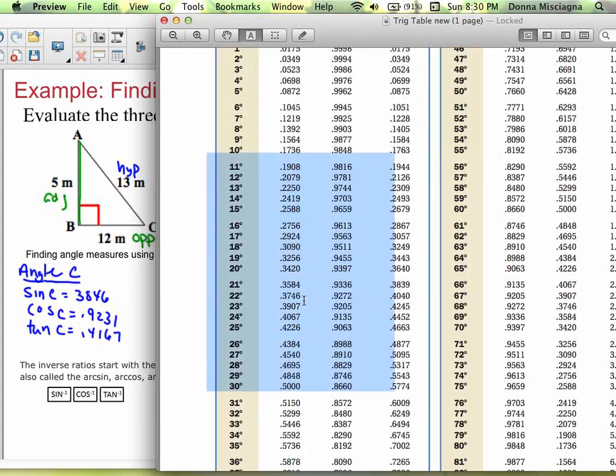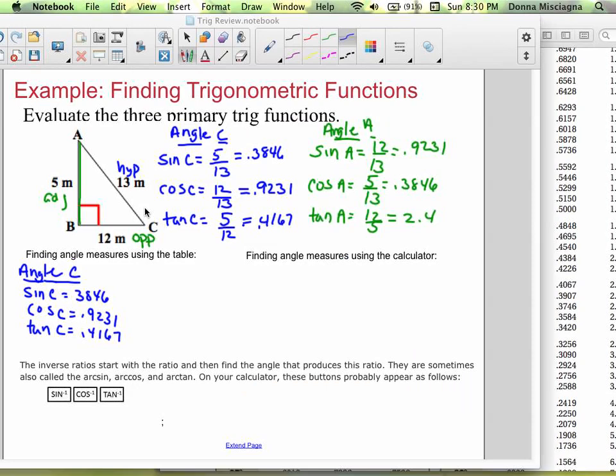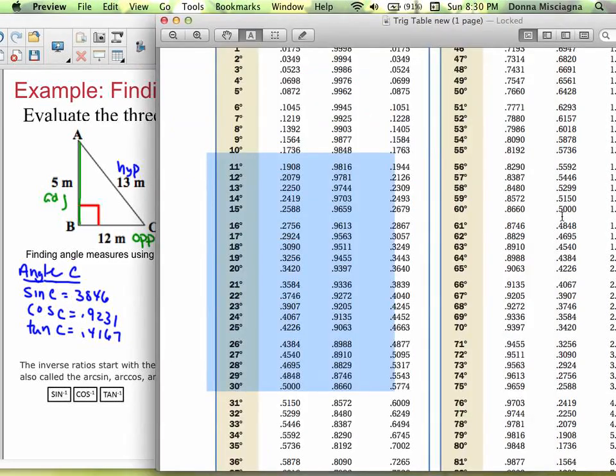Whoops, I guess it doesn't let me write on that. I have in the past. Let's try it again. I've never had it where it wouldn't let me write. Oh, that's just weird.